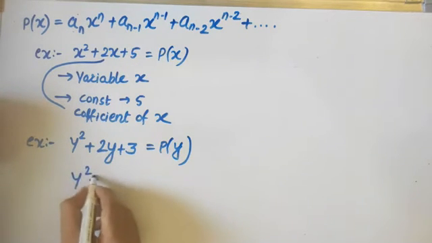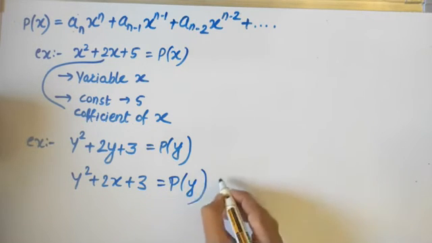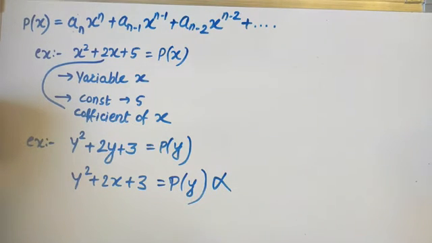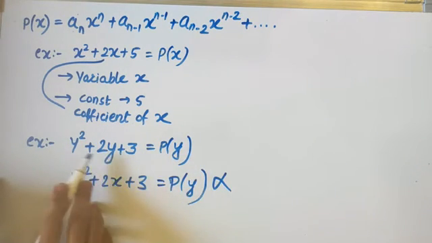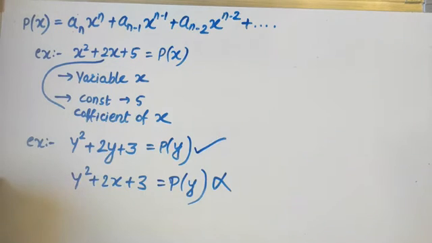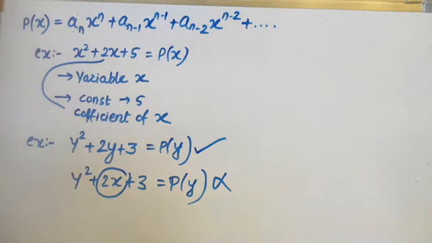You cannot write y square plus 2x plus 3 as p of y. This is wrong because it has the variable x. A polynomial of y must consist of only and only the variable y. Are you getting my point? This is wrong because it has 2x in it, which is a different variable compared to y.